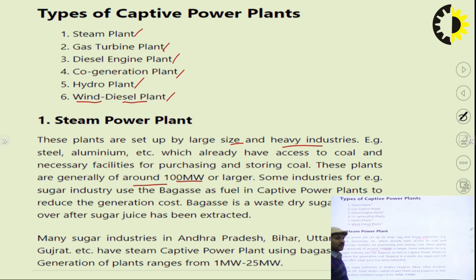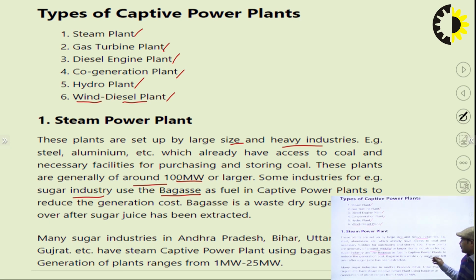Some industries, for example sugar industries, use bagasse. Bagasse is the byproduct of sugar cane in the sugar industry, which is utilized for the generation of steam from water.